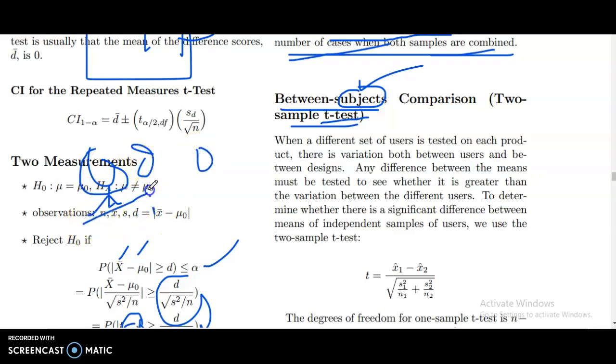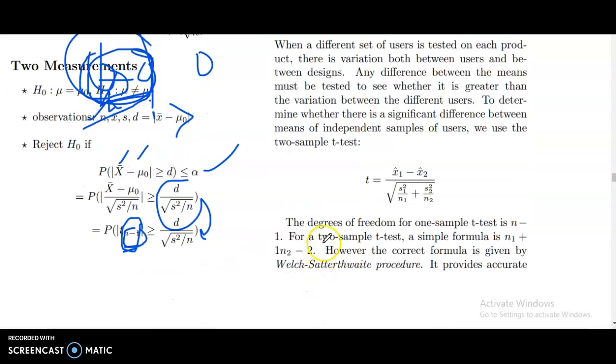Any difference between the means must be tested to see whether it is greater than the variation between different users. To determine whether there is a significant difference between means of independent samples of users, we use the two sample t-test.